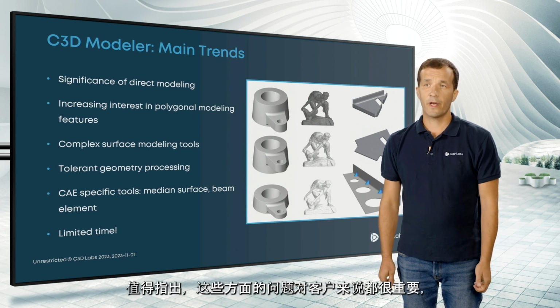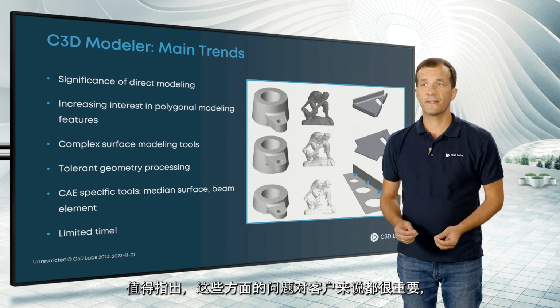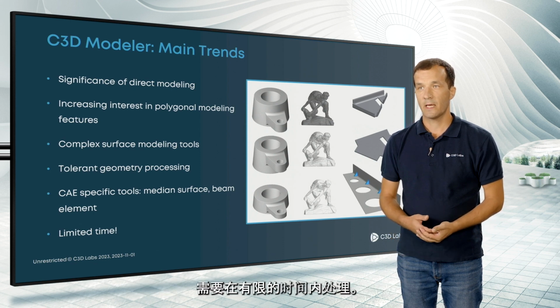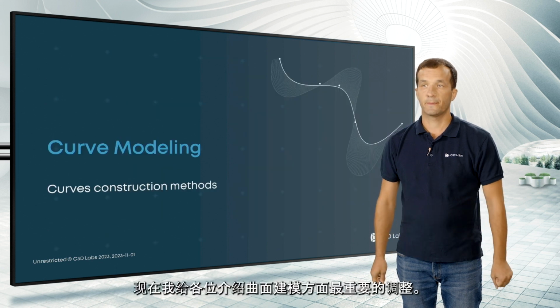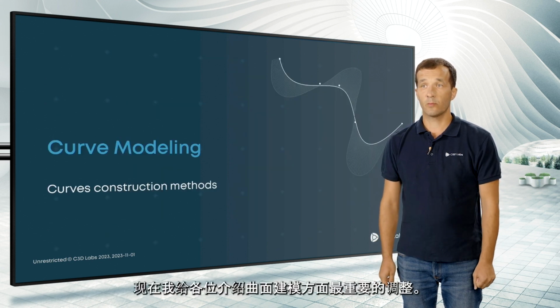A separate and very important point is that all these areas are extremely important for our customers, and the development time is very limited. Next, I'd like to present the most important changes in curve modeling.